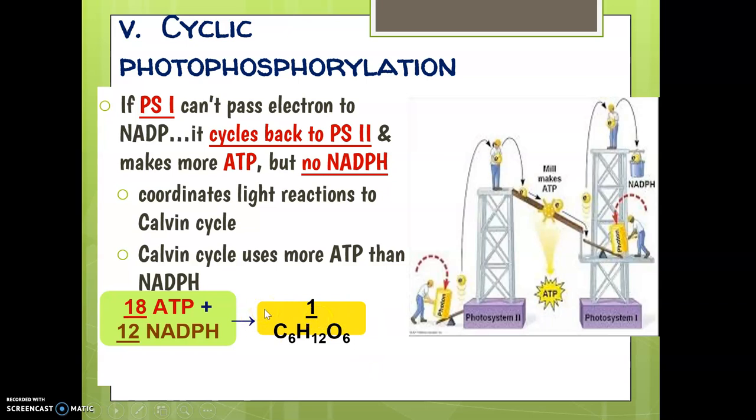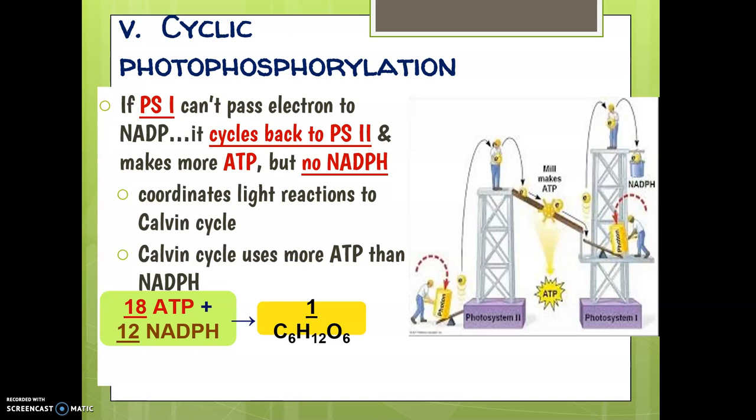Now, if you think back to glycolysis and cellular respiration, from breaking down our glucose, we got 2 ATP. For us to take that light energy and break it down, we get 18 ATP. This is why plants are way more autotrophic.